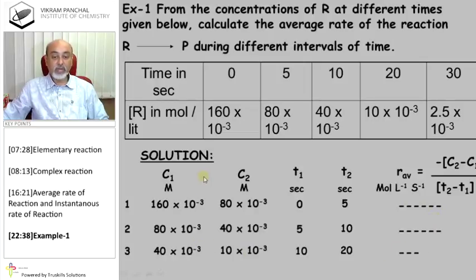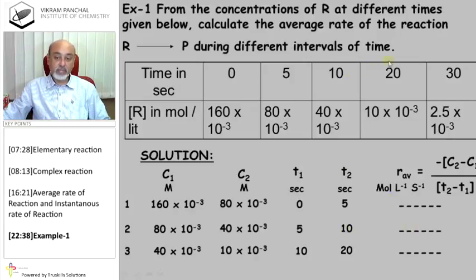Similarly, for the average rate between 5 seconds and 10 seconds, C1 is 80 into 10 raised to minus 3, C2 would be 40 into 10 raised to minus 3, T1 is 5 seconds, T2 is 10 seconds, and that gives the average rate of reaction.